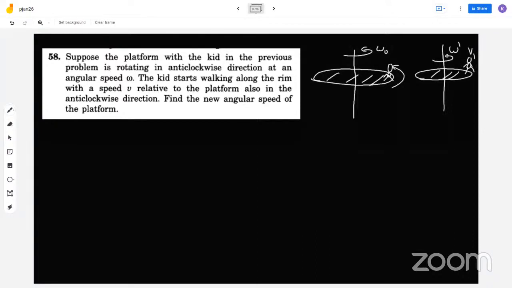They have given the relative speed as some v0, say this is v0. So we can write the relative speed. How will you find it? The speed of this point will be v1, and minus omega dash r, is v0. Relative in the same direction, so we subtract. Correct, guys, same direction will subtract. So when you subtract, v1 minus omega dash r is v0.